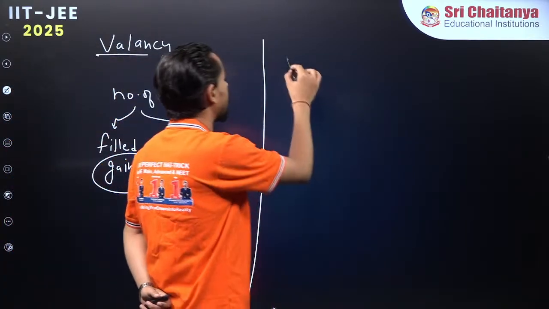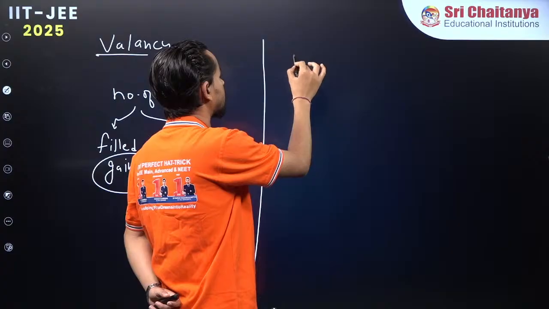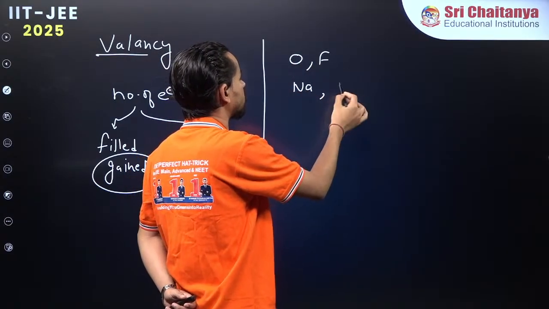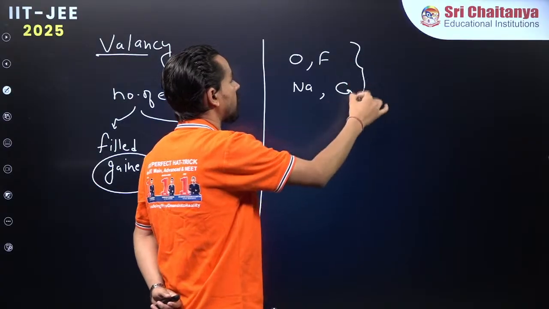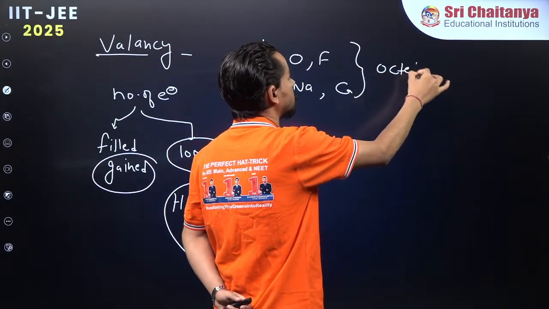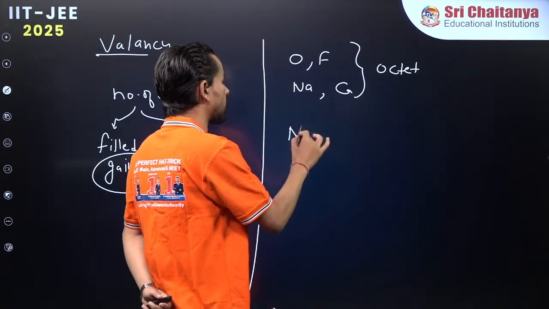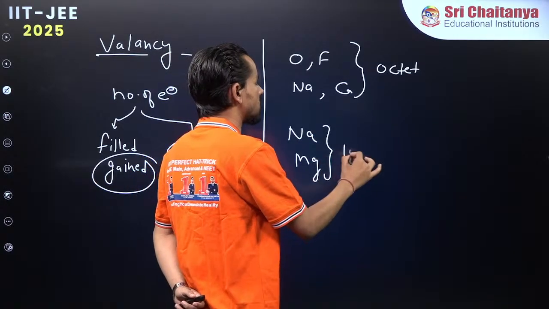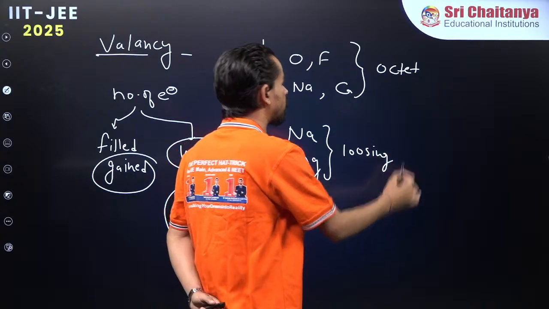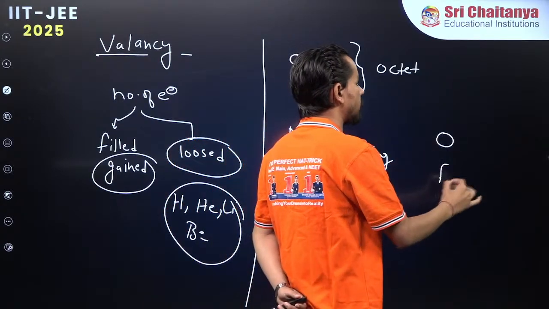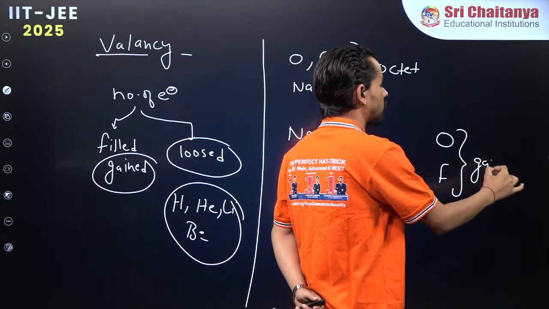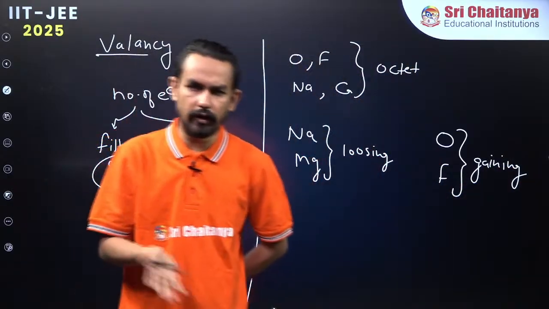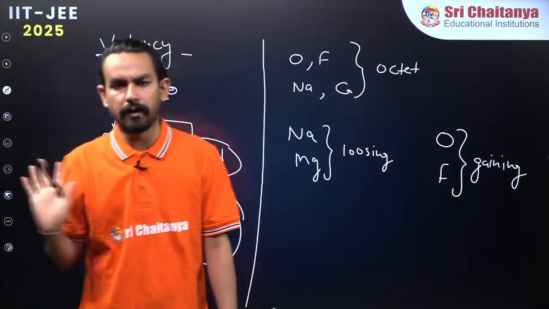And more elements, let us say oxygen, fluorine, sodium, and apart from this calcium, all try to complete their octet. Similar to that, I told you that sodium and magnesium lose electrons, and some like oxygen and fluorine gain electrons. I think that is what we read yesterday.